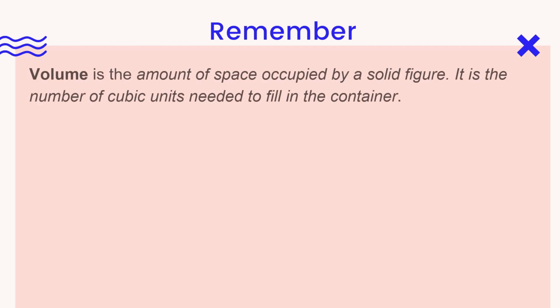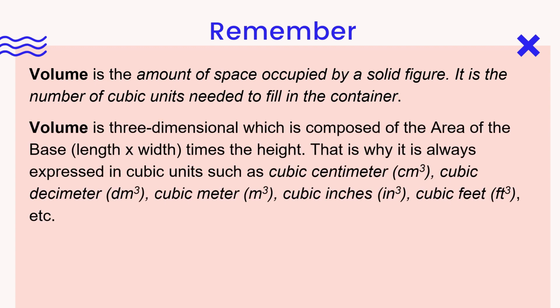So, remember natin, volume is the amount of space occupied by a solid figure. It is the number of cubic units needed to fill in the container. So, volume is three-dimensional, which is composed of the area of the base, so meaning length times the width, times the height. So, that is why it is always expressed in cubic units, such as cubic centimeter, cubic decimeter, cubic meter, cubic inches, cubic feet, and the others.